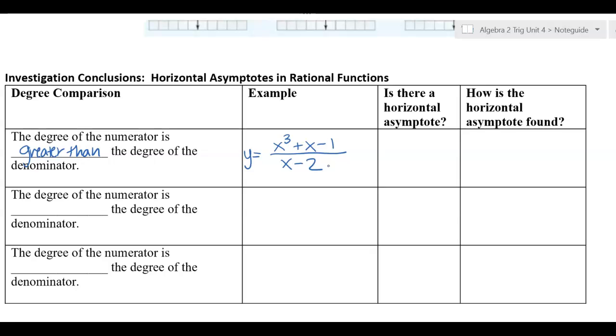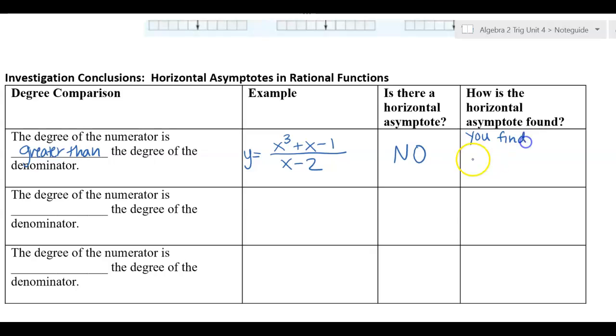So remember from yesterday, a horizontal asymptote was to say that your ends become horizontal. In that first category, did the ends become horizontal? No, they went towards infinity and negative infinity. So this would have no horizontal asymptote. So how do you find it? You don't, okay? But it does have something else.